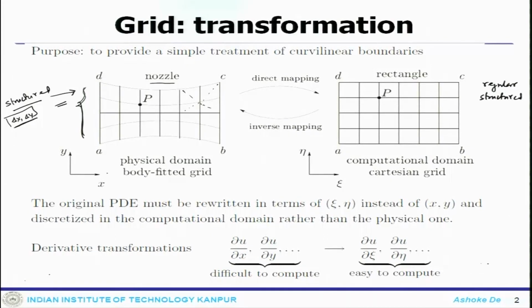So, this is your global coordinate system x and y, and these are the endpoints A, B, C, D, and once you transform them, like a direct mapping, from here to here, you transform them to a regular system. Now, from my xy reference frame, I have moved to the xi eta reference frame.